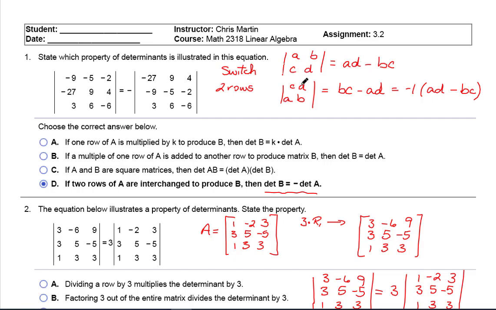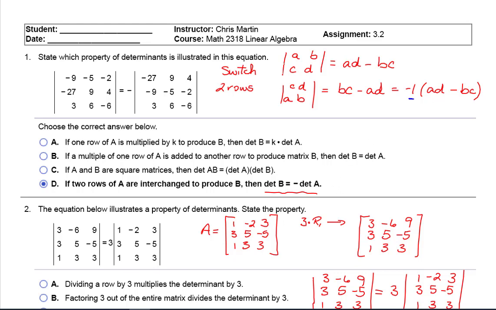Now if I switch the two rows, I get BC minus AD, which is minus 1 multiplied by the determinant of the original matrix before I switch the rows. So switching two rows, I pick up a negative 1 times the determinant of the original matrix.